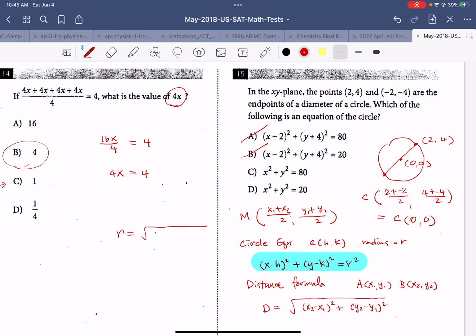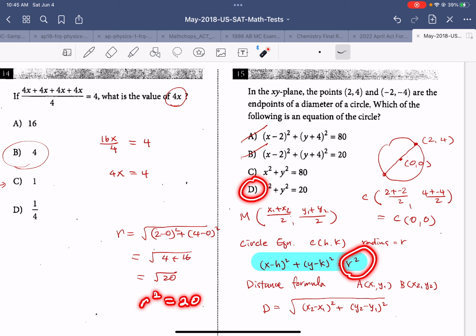You don't need to simplify that because here you need to put r squared. So r squared is 20. So the answer has to be C. Okay, you substitute r squared: x squared plus y squared equals 20.